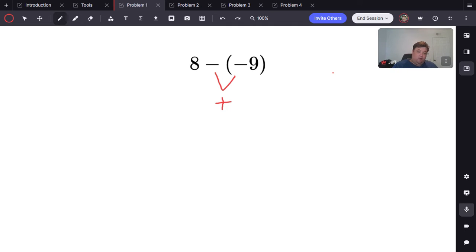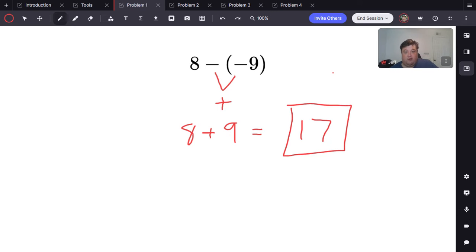We're going to rewrite the whole problem: 8 plus 9. And 8 plus 9 is just going to be 17, right? So that will be our answer. Once you rewrite it, it's just a simple addition problem.